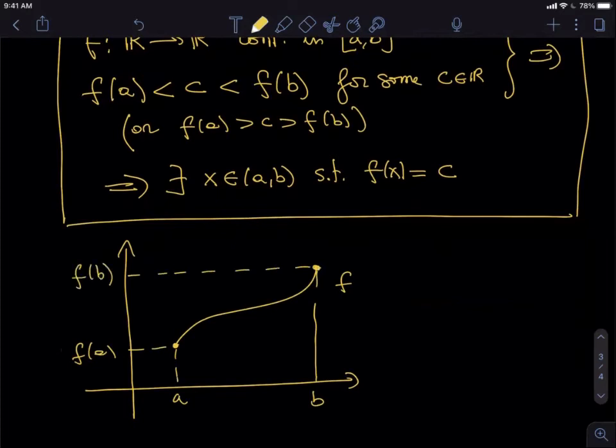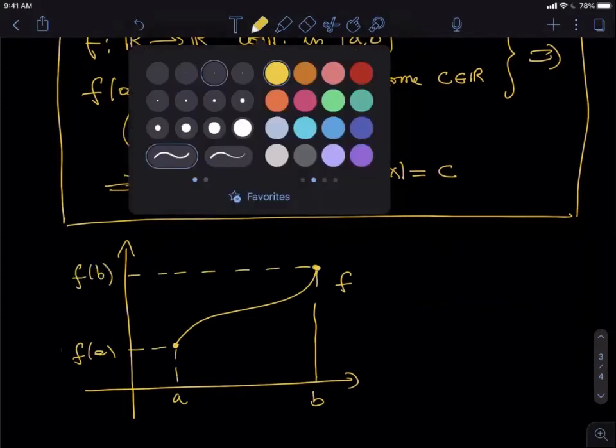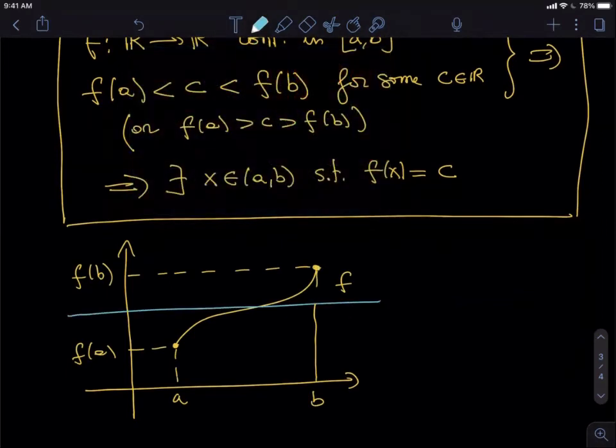And let's pick just some number c that is in between f of a and f of b. The fact that f is continuous means that the graph of f is going to cross the blue line at some point. So that is the value x in the open interval (a, b) that is given by the theorem.